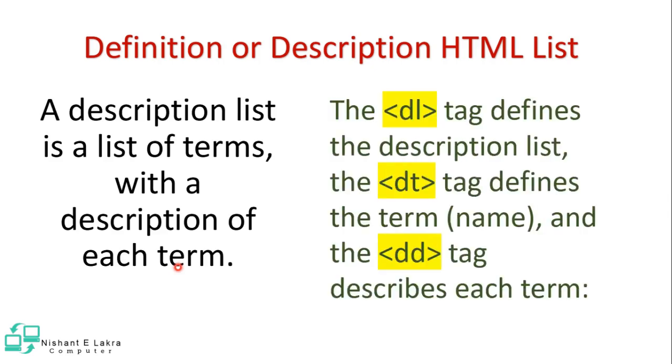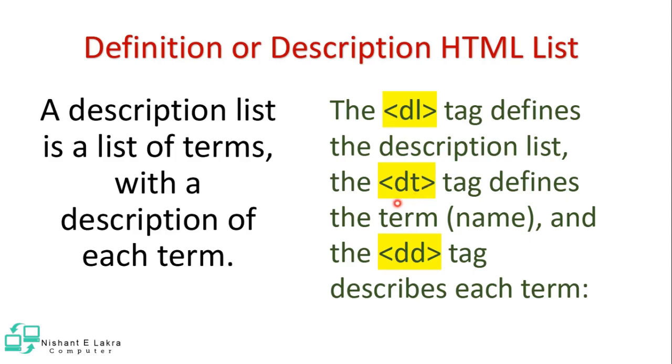Now, what are the tags we use to write the definition or description HTML list? Here on your screen you will see the DL tag. The DL tag defines the description list.